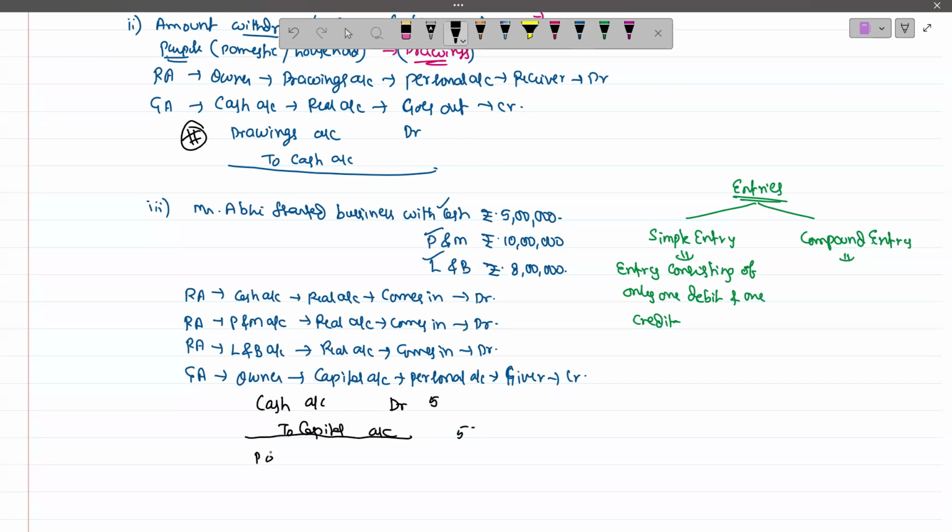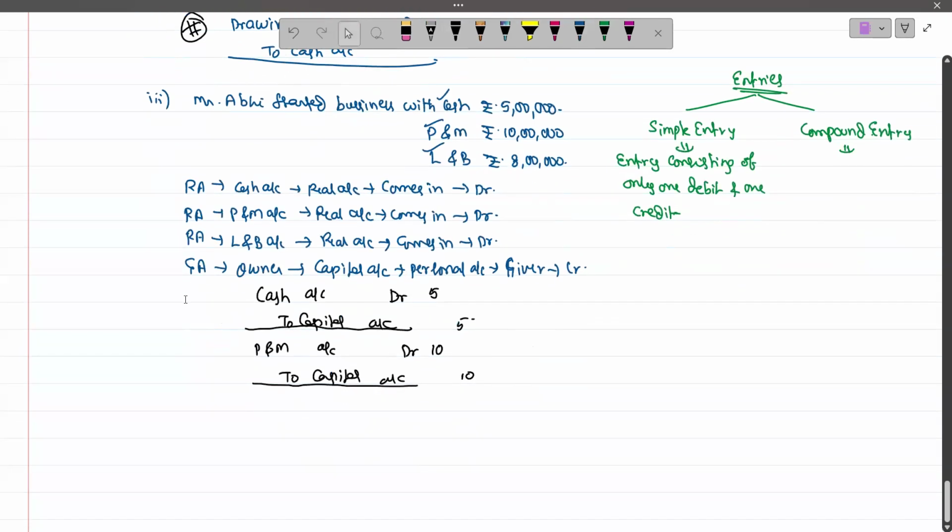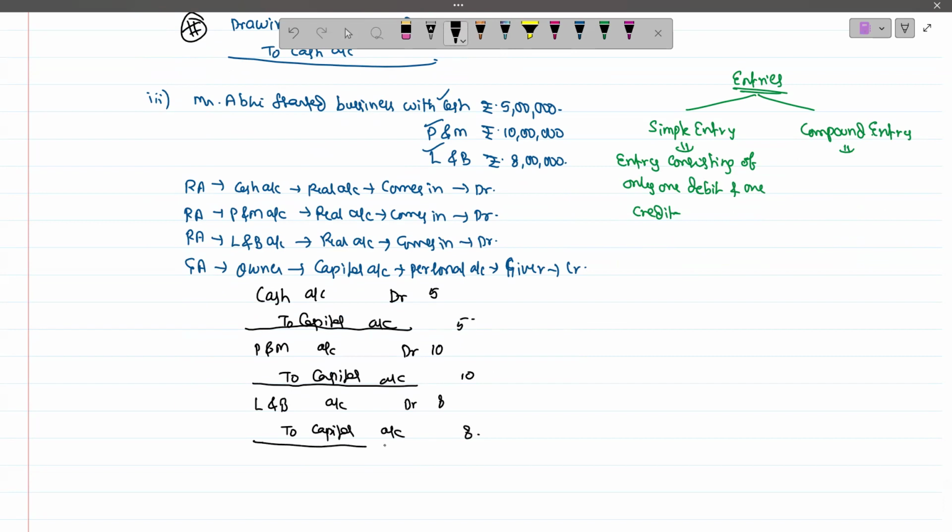And another one, plant and machinery account debited to capital account, 10 lakh, and land and building account debited to capital account 5 lakh. You may write the transaction separately for every item.